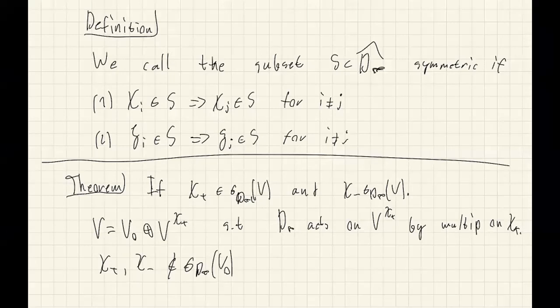V he plus is the subspace of semi-invariants, the eigenvectors for the D infinity with the character he, and V0 is the residual subspace.